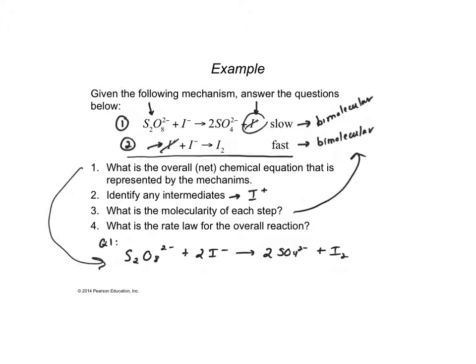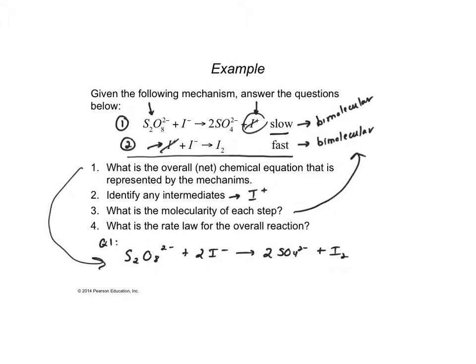And then last, what is the rate law for the overall reaction? So this is valid. They've already told us this is a valid mechanism, right? What does the rate law for the overall reaction have to be the same as? The rate law for the rate limiting slowest step, okay? The slowest step is the first step.